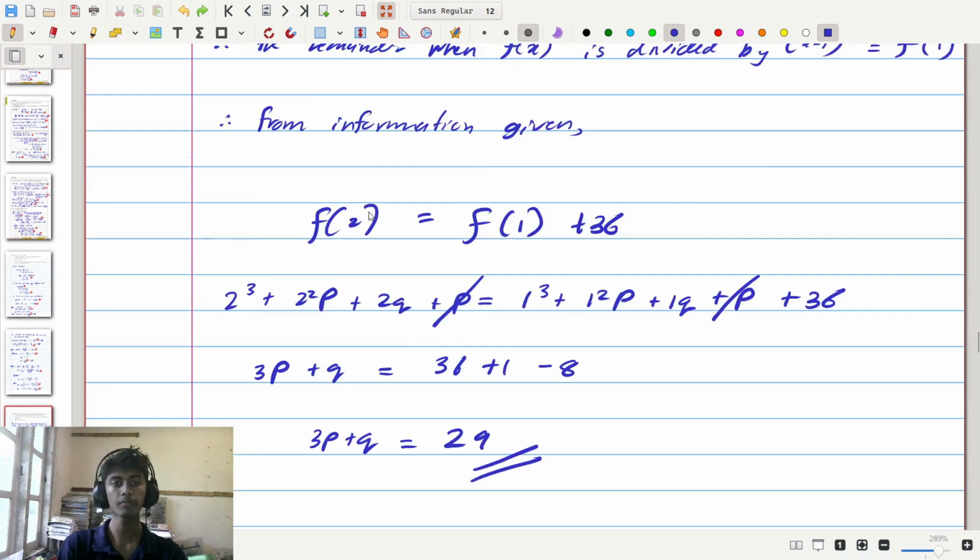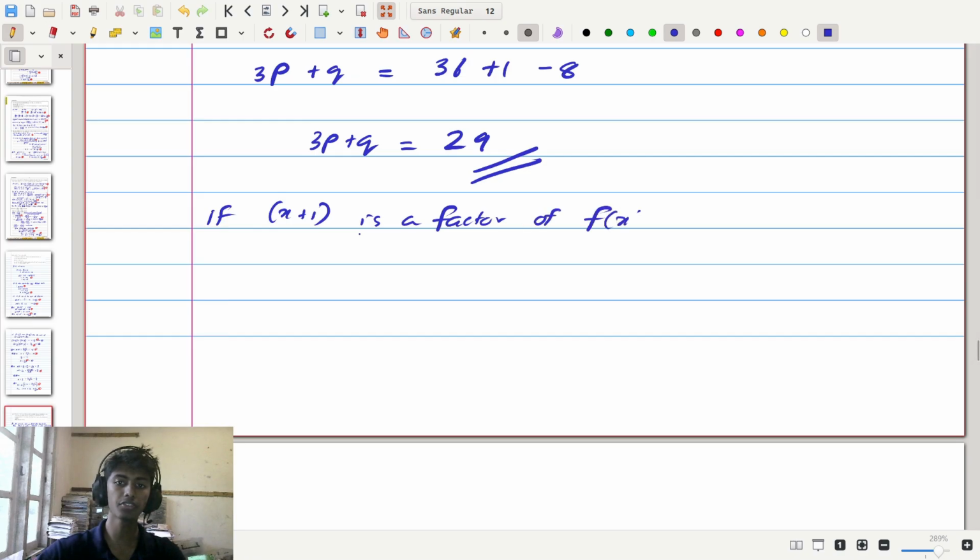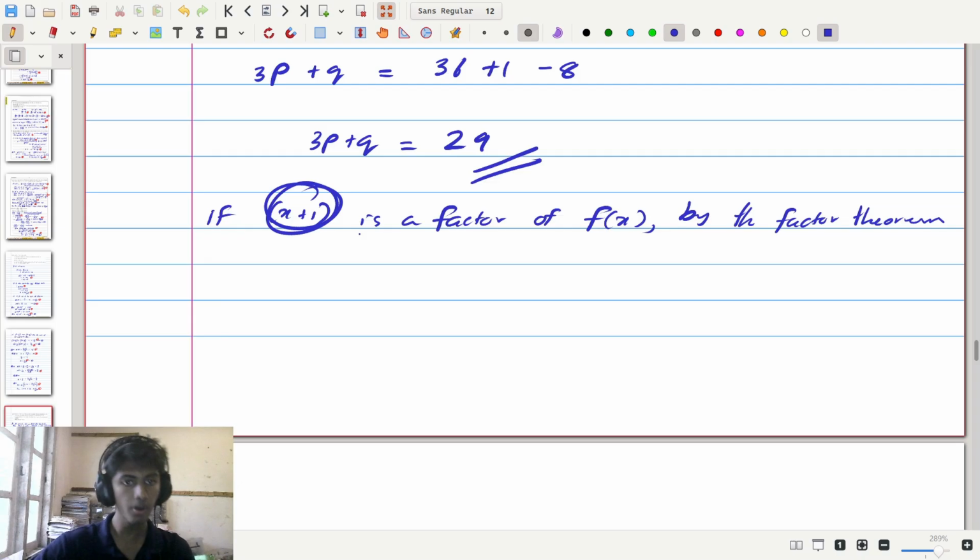Therefore, if x plus 1 is a factor of f of x, then by the factor theorem, if we substitute the value of x that makes x plus 1 equal to 0, which in this case is x equals minus 1, into here, f of minus 1 is going to be equal to 0.